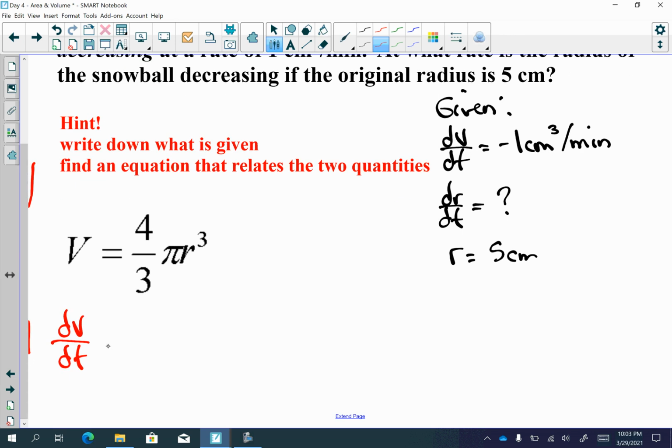Don't fill those changing quantities in until after you differentiate. Now, 4/3 pi is just a constant, so you can write down 4/3 pi and multiply that by the derivative of r cubed with respect to time. The derivative of r cubed would be 3r squared times dr over dt.